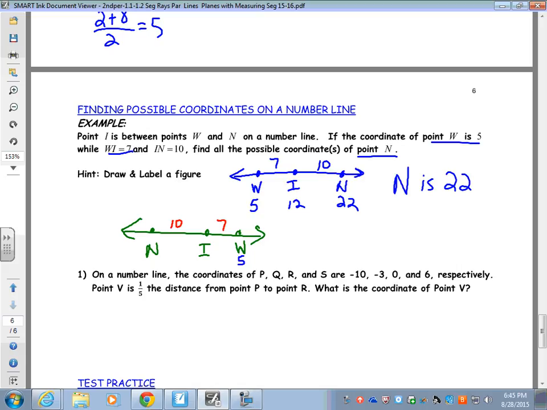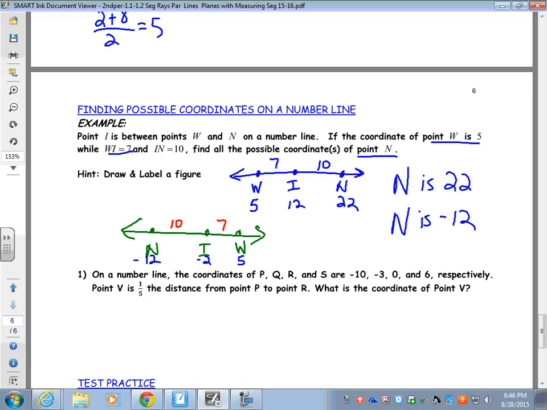That would put me at negative 2, sorry. And then if I move another 10 to the left, that would put me at negative 12. So our coordinates for N could be 22, or N is negative 12.